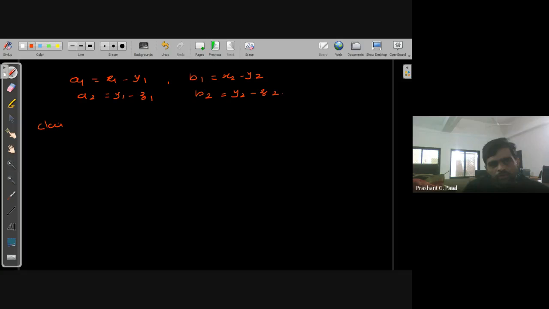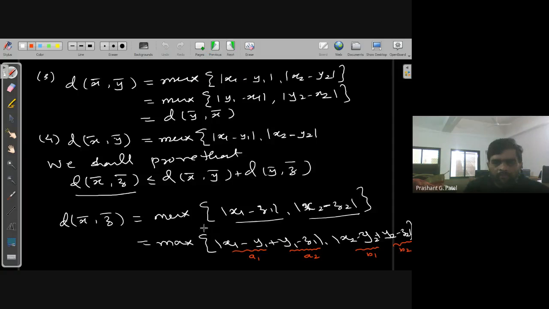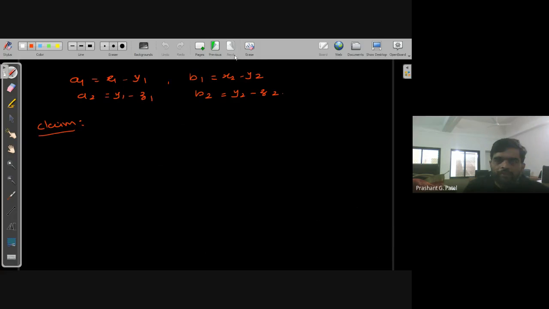What do I have to actually prove? My claim is that the distance, the maximum of |a1 + a2|, |b1 + b2|, is less than or equal to the maximum of |a1|, |b1|. So that is my claim.